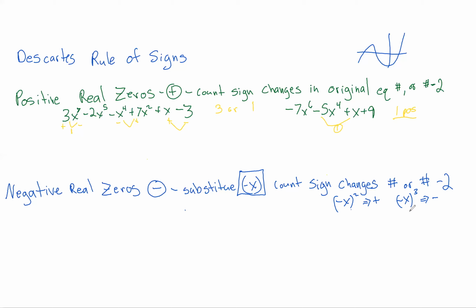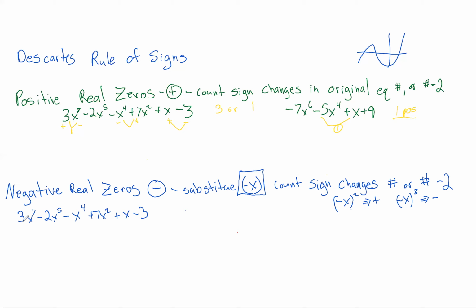So let's look at these equations again. We've got 3x to the 7th minus 2x to the 5th minus x to the 4th plus 7x squared plus x minus 3. Just for time's sake, we'll talk through this a little bit.